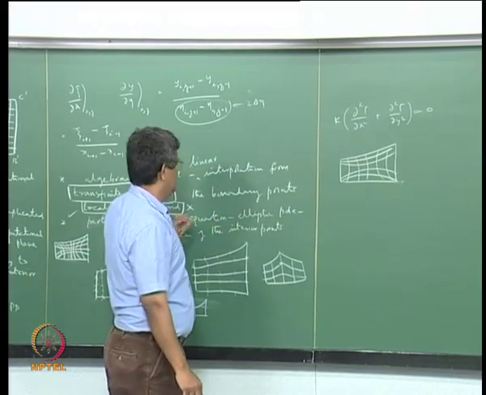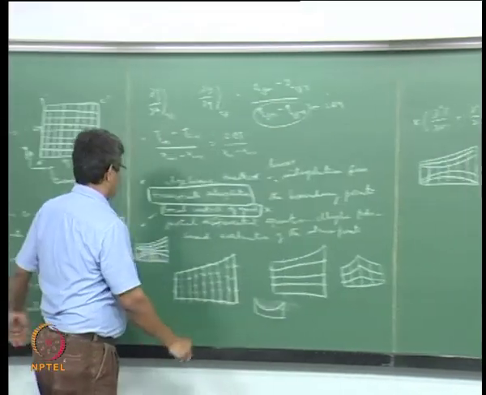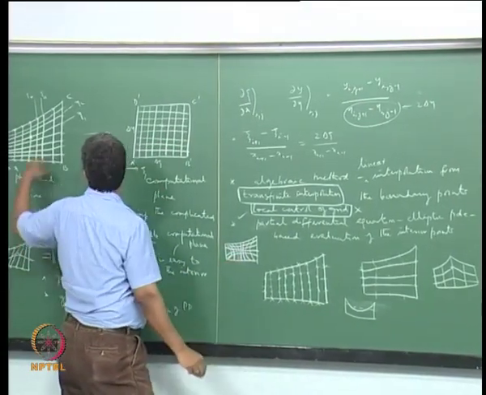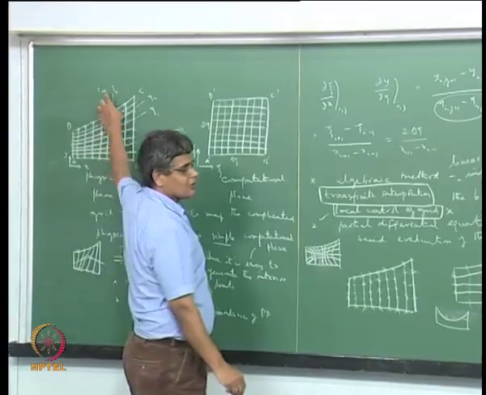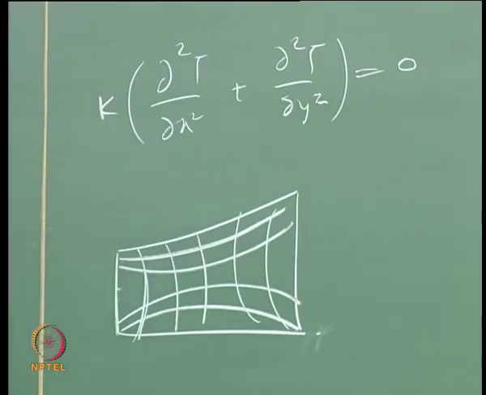And similarly, if you compare these lines here with these lines here, which are the constant psi lines, the constant psi lines should also satisfy the Laplace equation. So that is a basis for the partial differential equation.